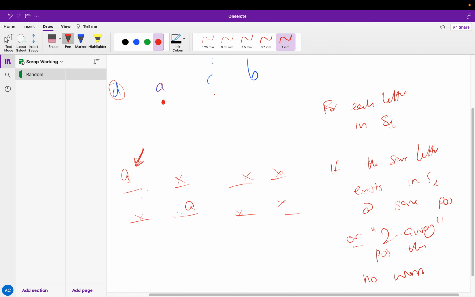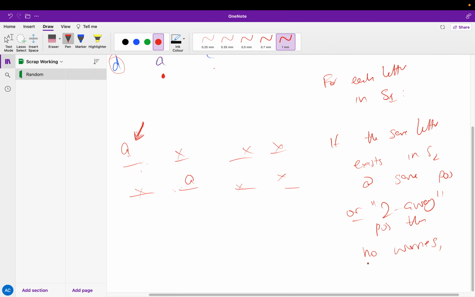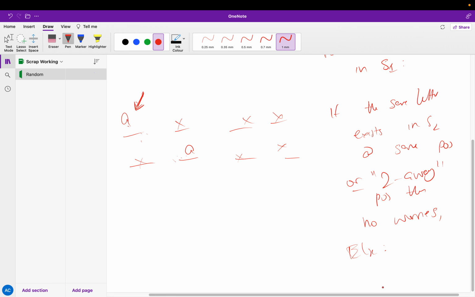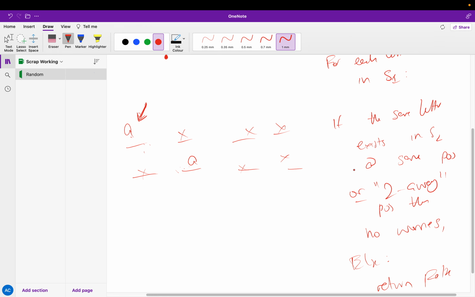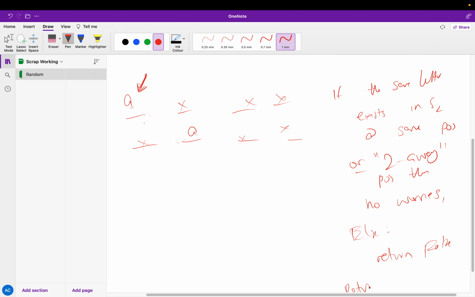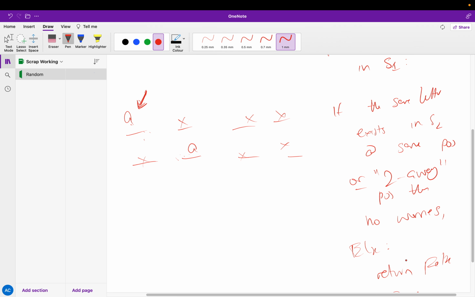Move on to the next letter. Else, return false. And if you go through that entire for loop and nothing bad happens, then return true. Is my thinking.